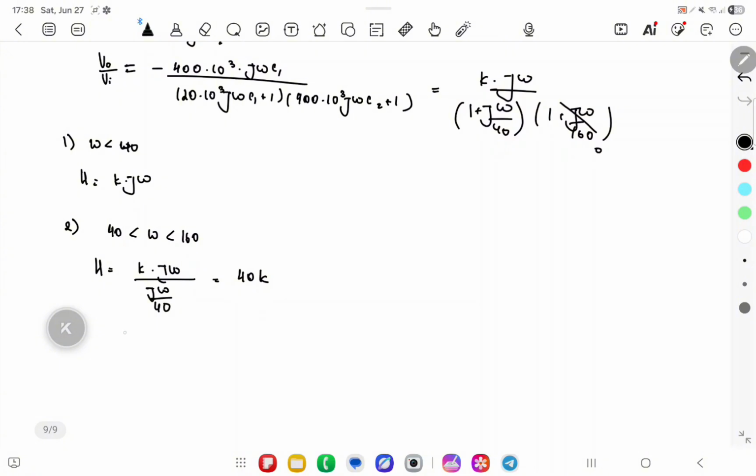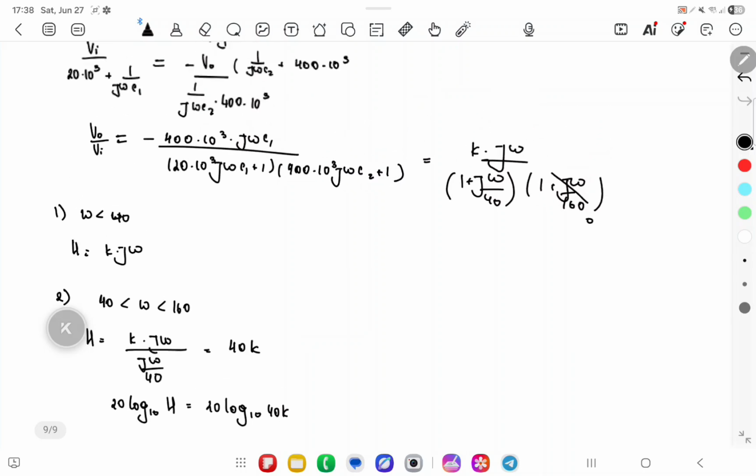And if we take the gain of H in this specific situation, then we will have a constant value, right?